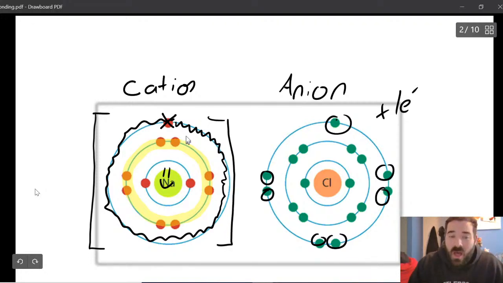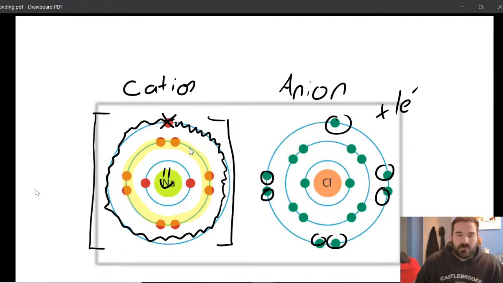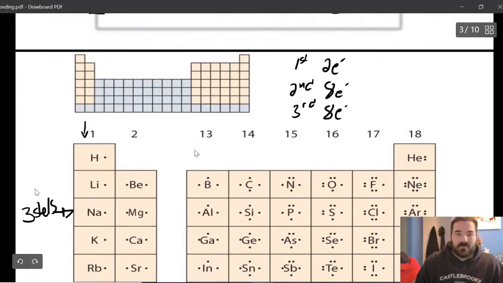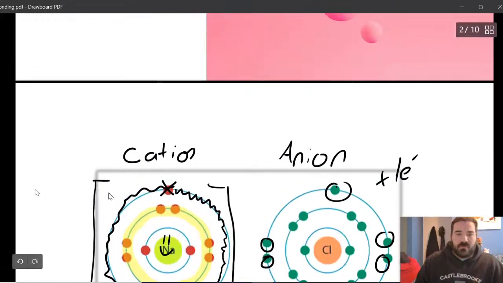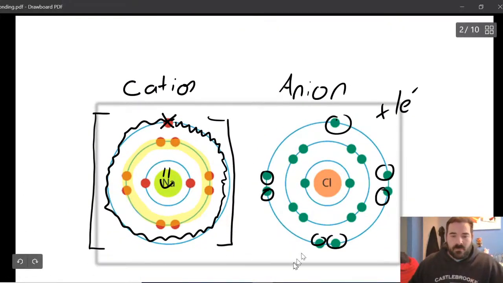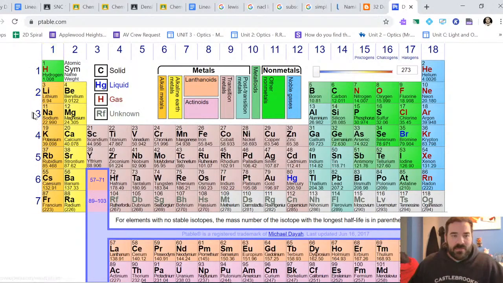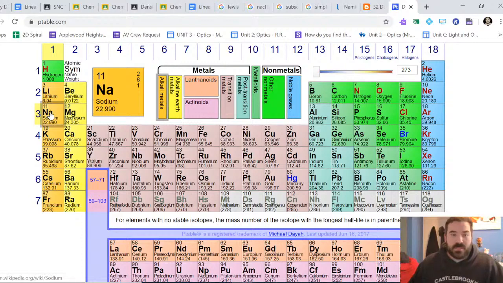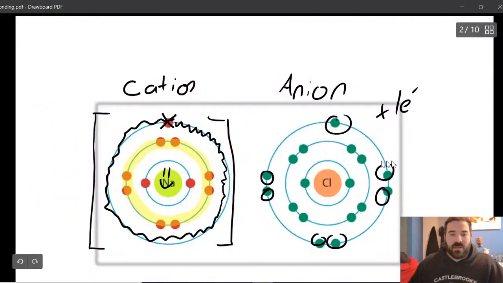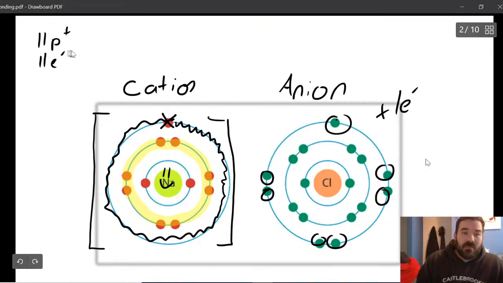And because it's lost an electron, sodium, it's the 11th atom, so it has an atomic number of 11, so it's got 11 protons. If it has 11 protons in its neutral form, it would have 11 protons and 11 electrons, but because it's lost an electron, it doesn't have 11 anymore, it has 10.